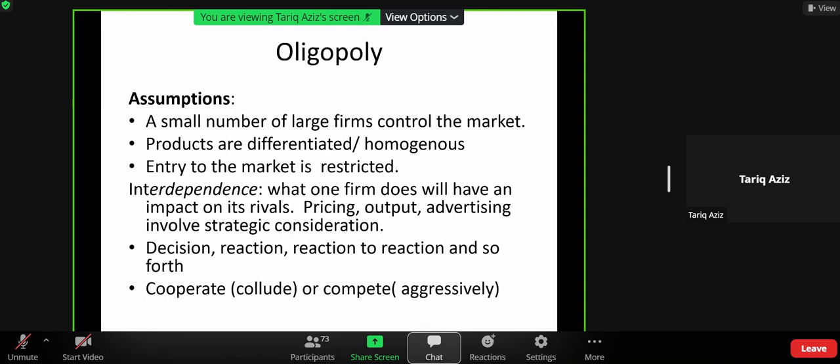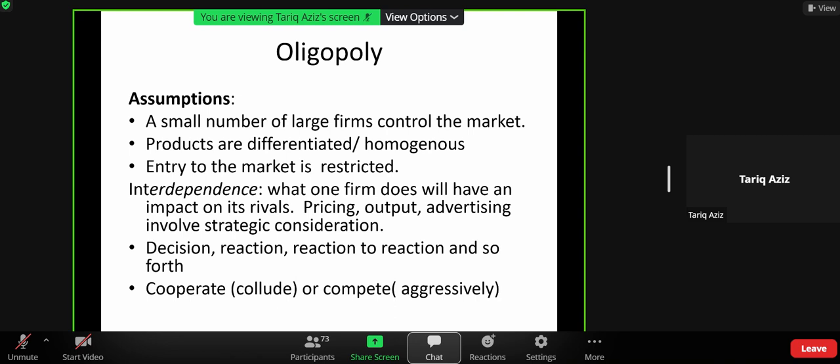As far as products are concerned, they can be differentiated and also homogeneous. So in some cases, there are examples of oligopoly where the product is differentiated, and there are examples where the product is homogeneous. For example, in the case of oil marketing companies, the product is homogeneous. The petrol or the diesel sold by different oil marketing firms are all the same.